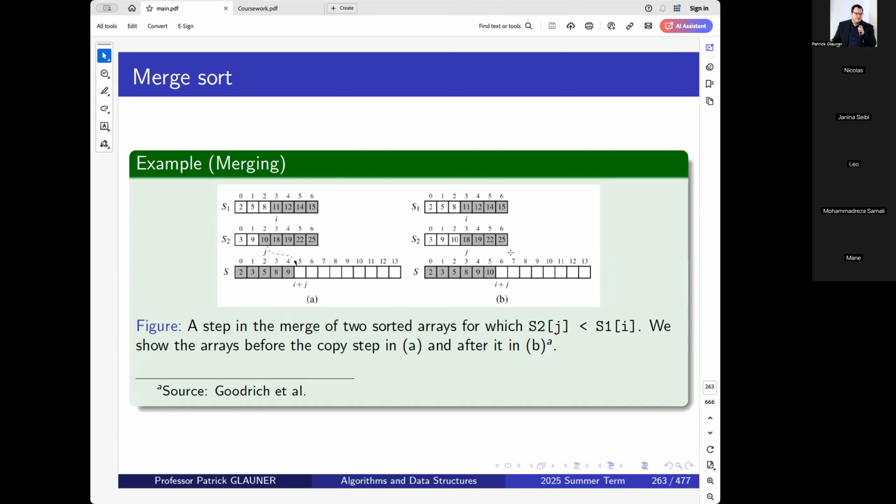And then you pick the smaller element, either the one at I or the one at j, and you keep increasing the index. Plus, you need to have some special case once you have finished reading from one list that you only keep reading from the remaining list.